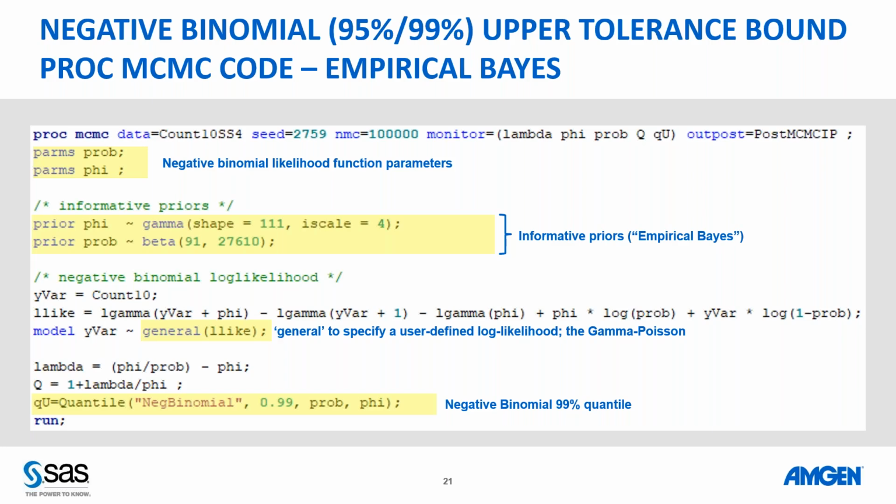But on the other hand, we didn't do it here, but if you were to think that this is too informative, in the sense of containing too much information from the prior, you can always choose to use a diffuse prior. You can mix a gamma prior with a uniform prior that gives you a greater range for the distribution on phi, or a spiky beta prior on the small probability values with a uniform prior between 0 and 1.